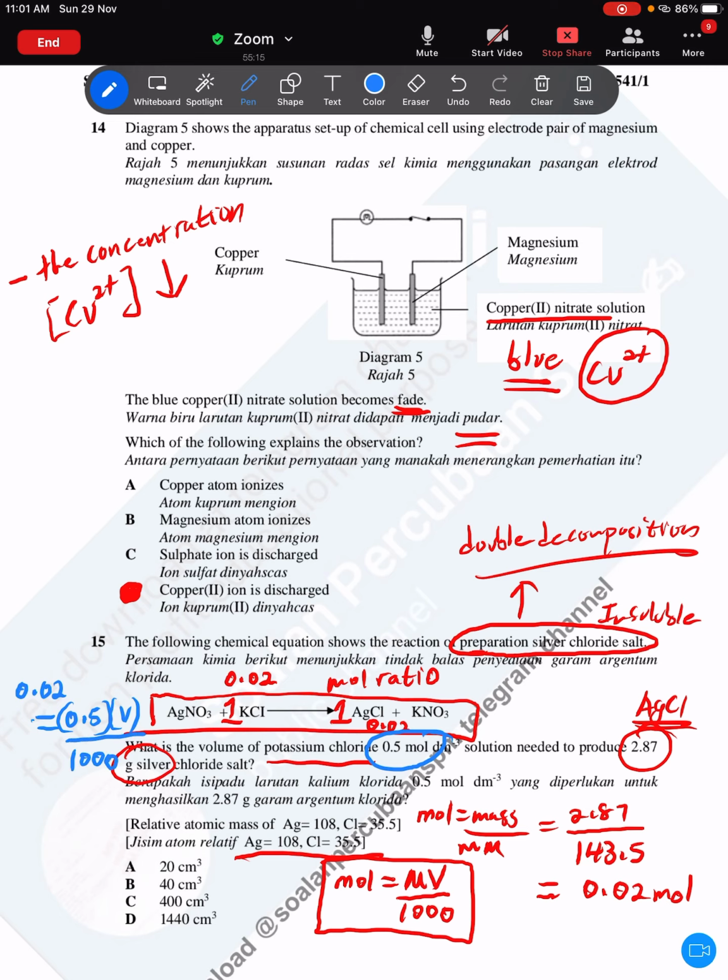Please solve this mathematical formula for me. It will be 40 cm cubed. Okay, the answer is B. Done.